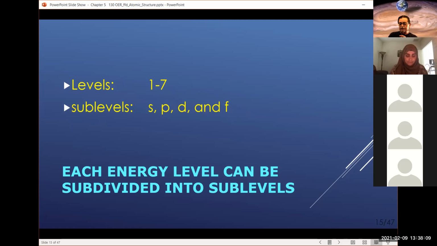The S makes sense. It's because they have a particular shape. It's round. The P kind of doesn't make sense, but they've been given the letters S, P, D and F. Eventually, if the model is still holding and we discover more elements, we're going to have more energy levels. But at this point, we're at the S, P, D, and F.